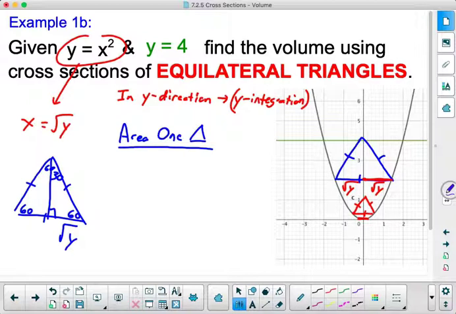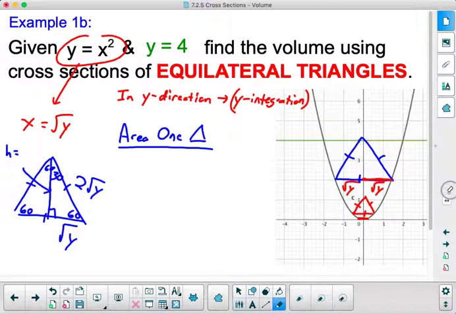So that means that the hypotenuse is going to be 2 square roots of y. The height would be my long leg, which is going to be 3 times the square root of y. Nope, back up. Like I said, it's going to be the square root of 3 times the square root of y, right? That's the rule for a 30, 60, 90 triangle, to find those pieces.